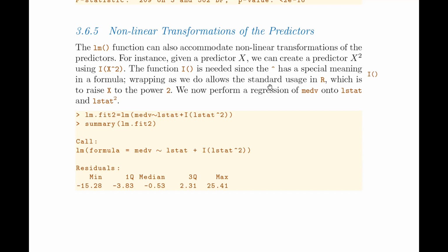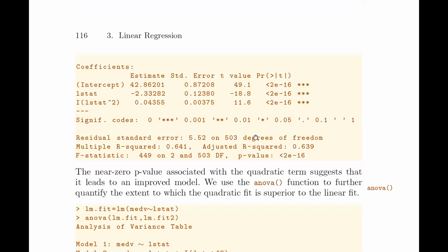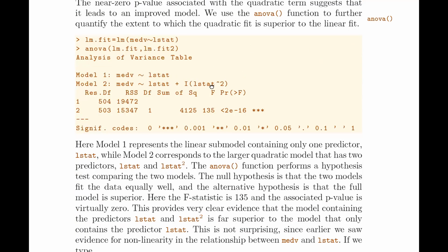Wrapping, as we do, allows the standard usage in R, which is to raise x to the power 2. We now perform a regression of medv onto L-stat. This is how you need to do it. So hopefully we can consider this as us having learned something else.